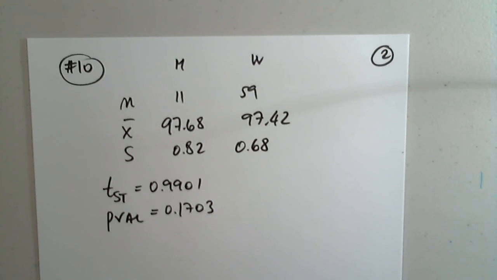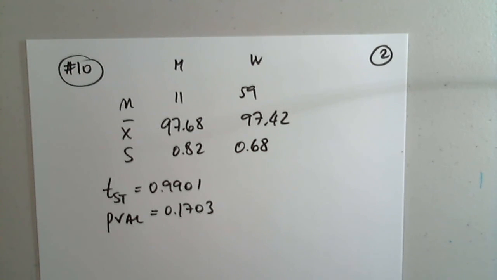Back to the problem. T statistic. They want to round to 2 decimal places, so just 0.99. And the p-value, 3 decimal places, 0.170. 0.17 is good enough.